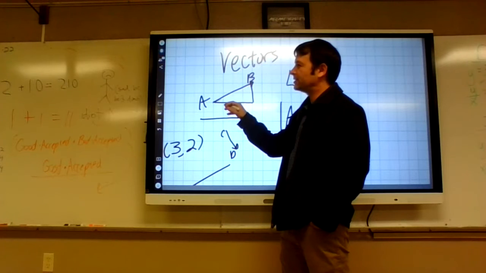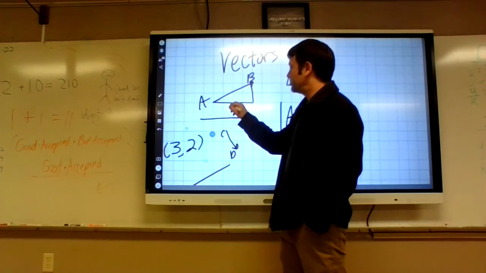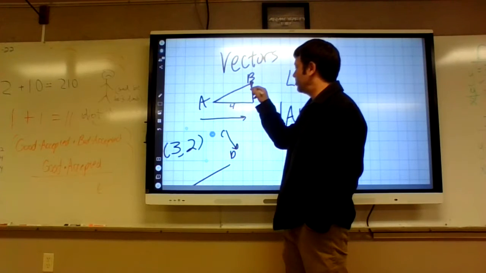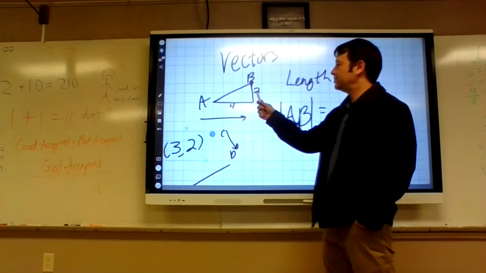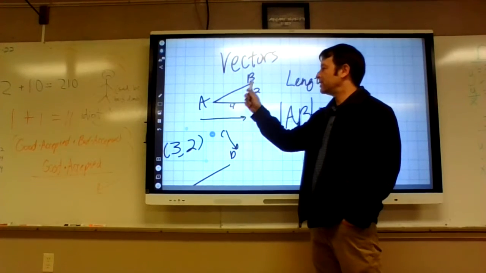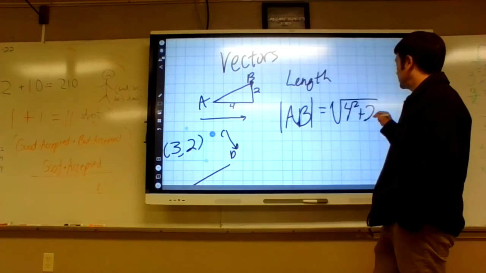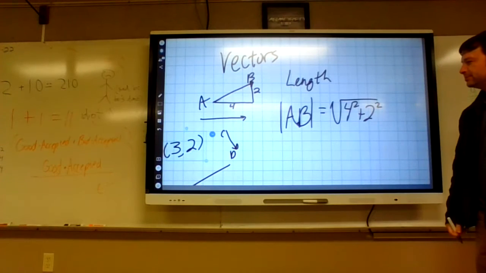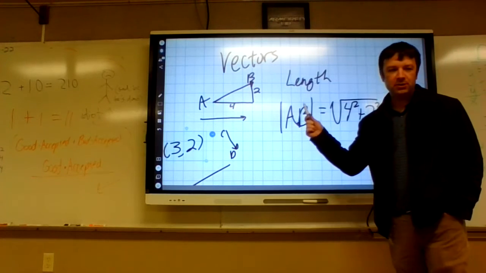I don't think they're giving us coordinates today, that's tomorrow. So we're just looking at the picture: that's 4 long, that's 2 long. So you do 4 squared plus 2 squared equals this squared, so you take the square root of 4 squared plus 2 squared. Okay? It's called the magnitude.